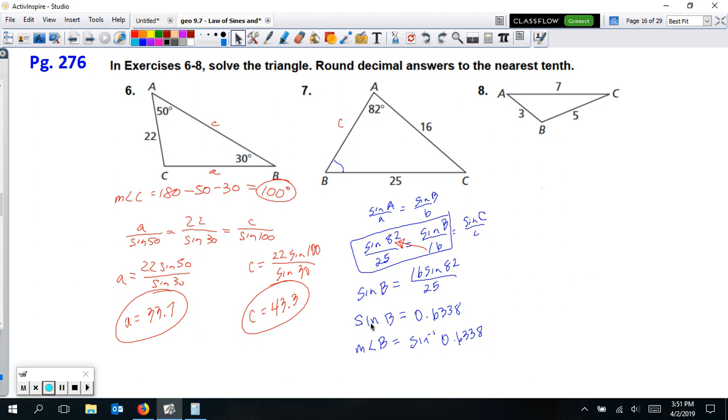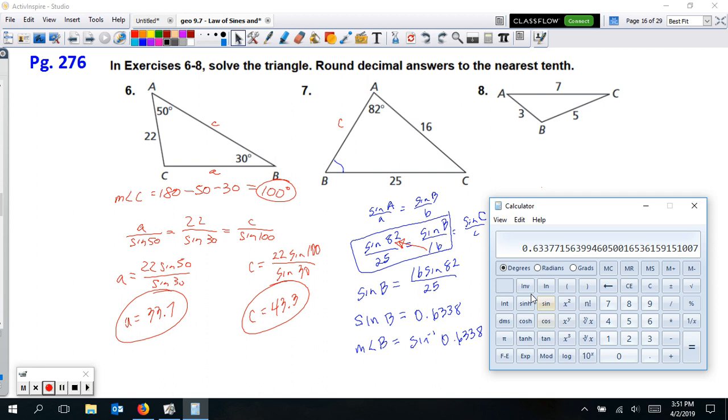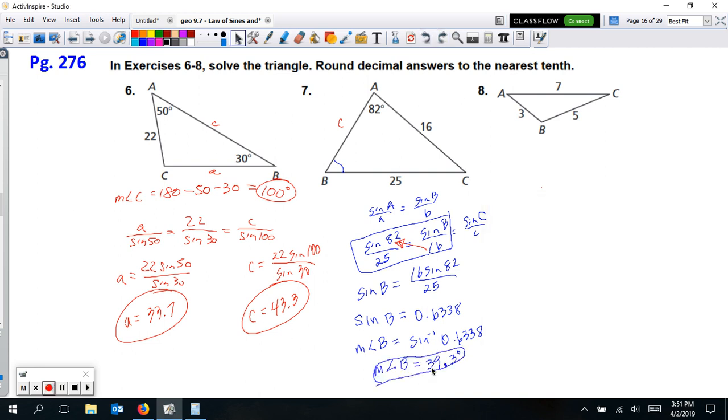When I zap this side, the sine goes away, and now I just have the measure of angle B. And over here I have the inverse sine of 0.6338. I already have that on my calculator right here, so I can just hit inverse sine of that. Let's see if this works. Yeah, it gives me 39.3, and that should be my answer. So 39.3 is the measure of angle B.